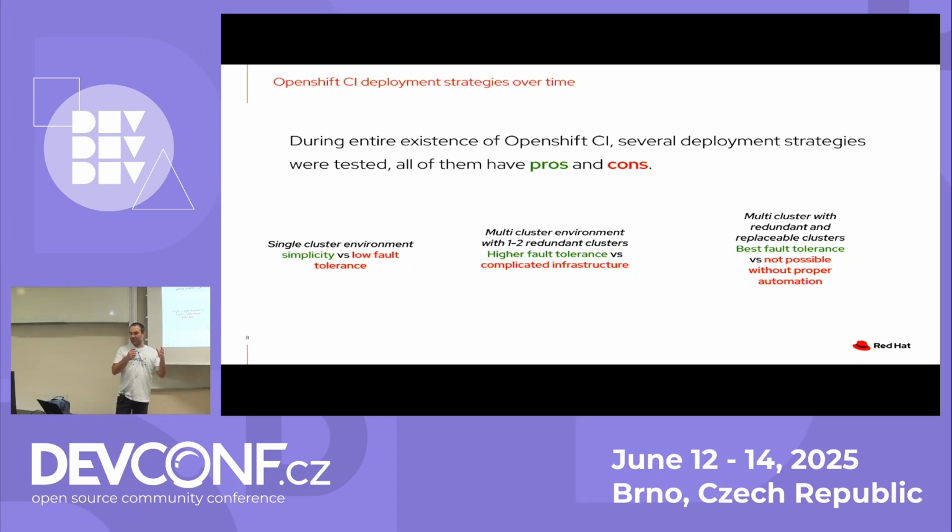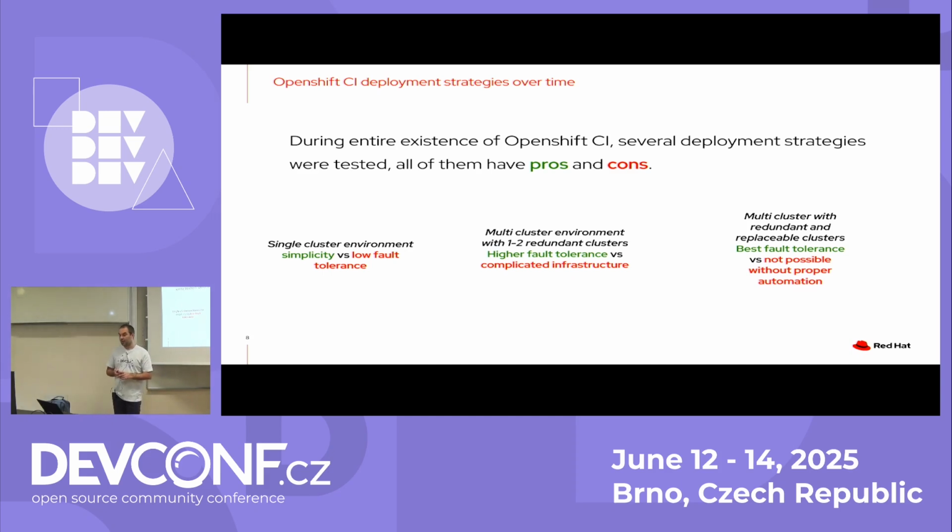So going from that direction to multi-cluster environment, we had 1 infra cluster and build clusters, let's say 5 or 4 clusters that were sustaining the load. If 1 cluster dies, you can handle it, but if 2, we were in trouble. So, of course, we had higher fault tolerance, and the infrastructure was, by the way, more complicated.